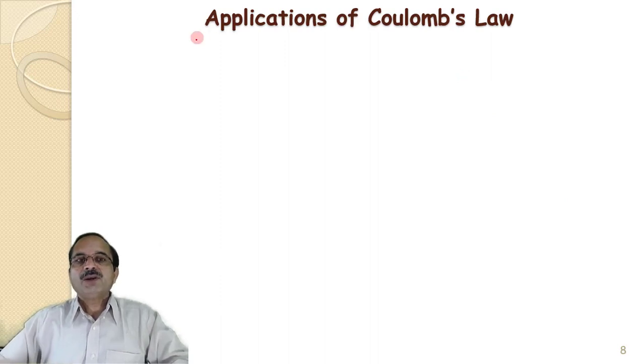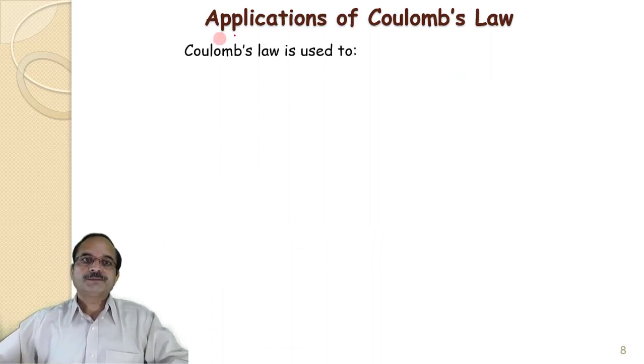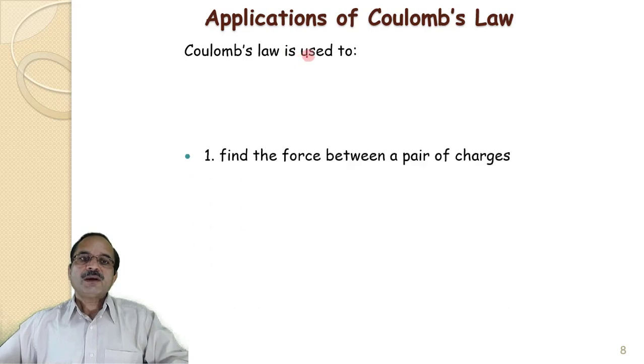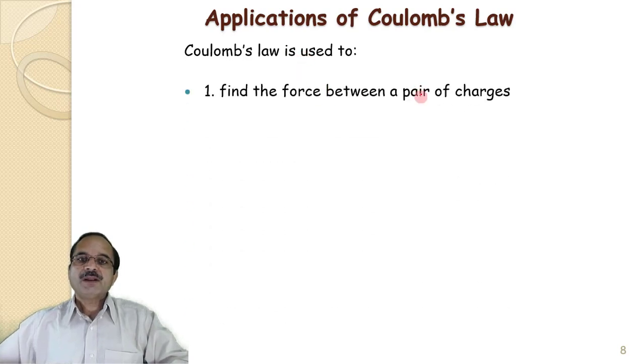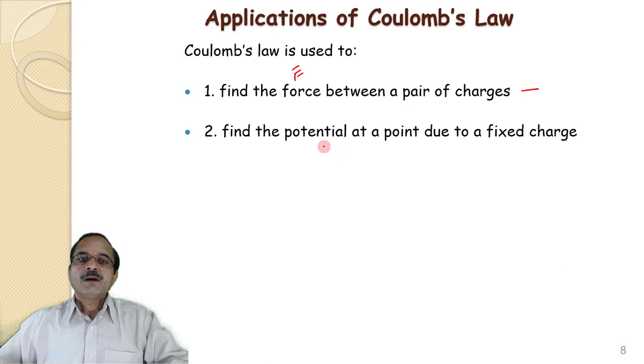Now, where can we use this Coulomb's law? Coulomb's law can be used to find the force between a pair of charges. This is what we have seen just now, so we can evaluate it to find out the force. We can use Coulomb's law to find potential at a point due to a fixed charge.